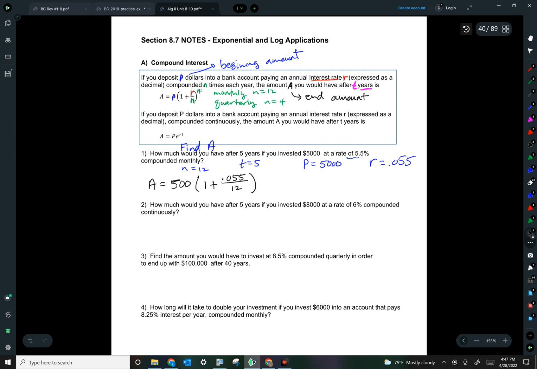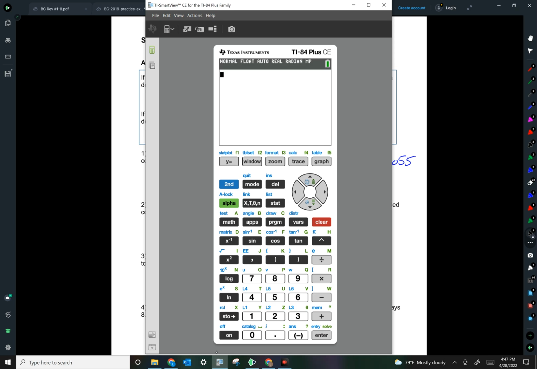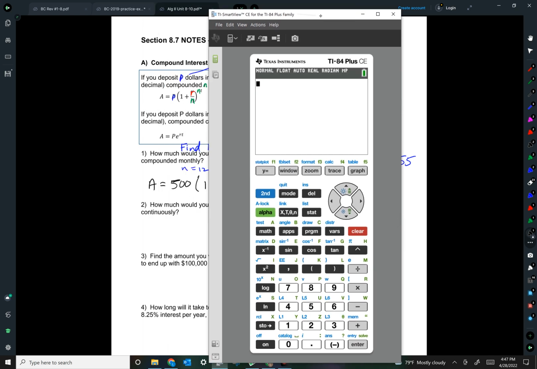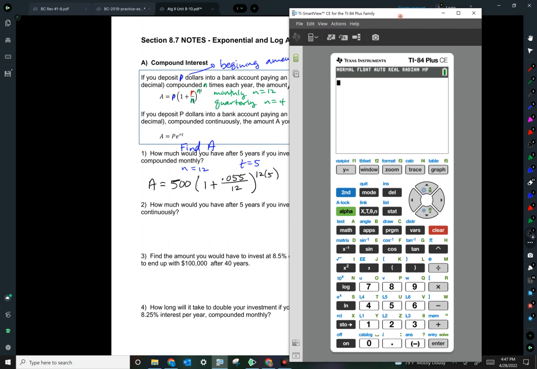And then the whole thing is raised to the nt, so that's going to be 12, and t is 5. Since everything on the right side is all numbers, I can just put that straight in my calculator in one step, and I suggest that you don't try to do it in multiple steps. We'll just put it all in one big step.